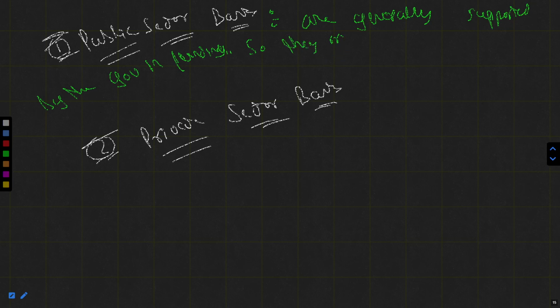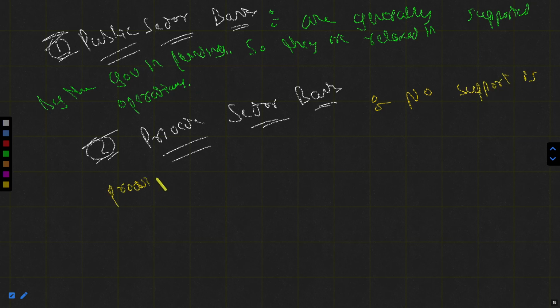So they are relaxed in operations. Okay, but for private sector banks, no support is provided from government in terms of funding.